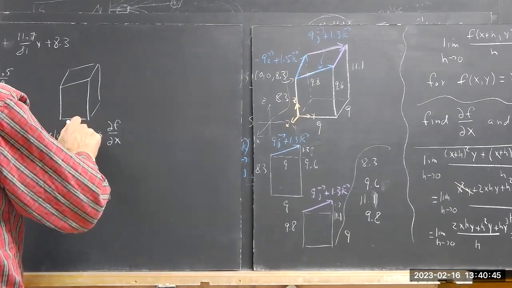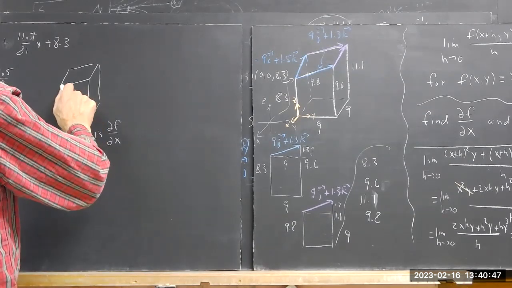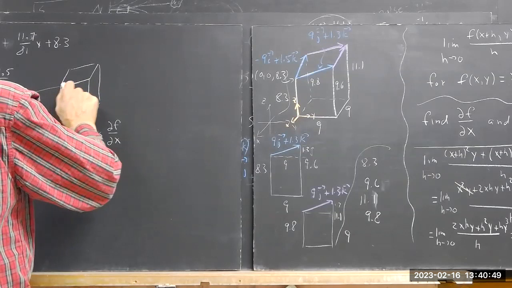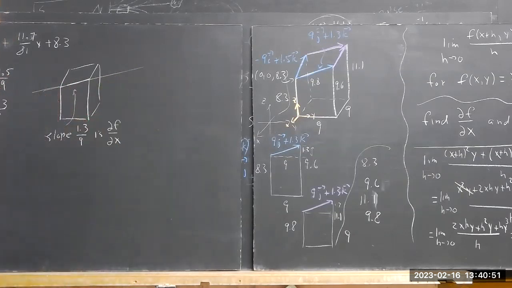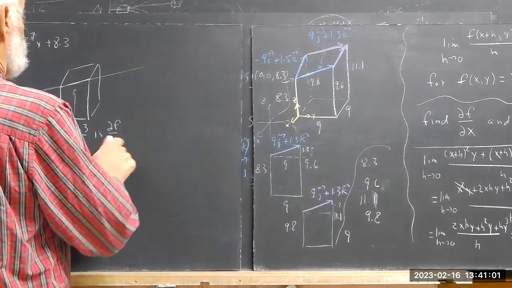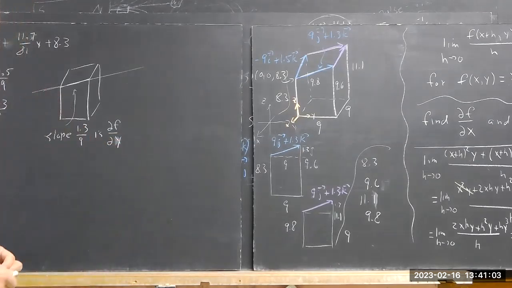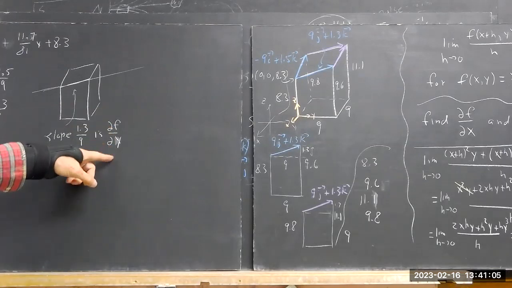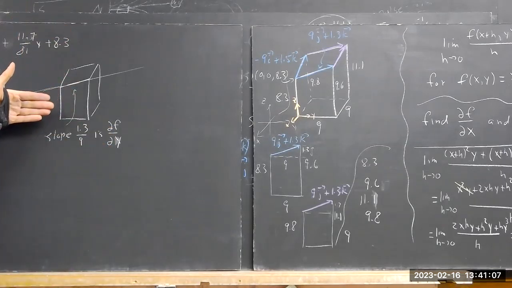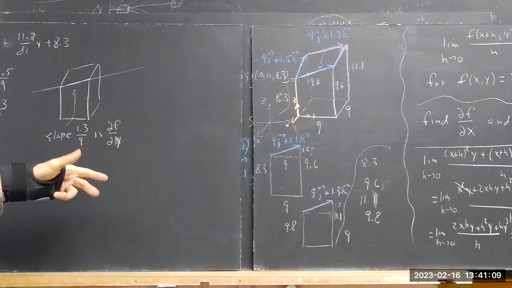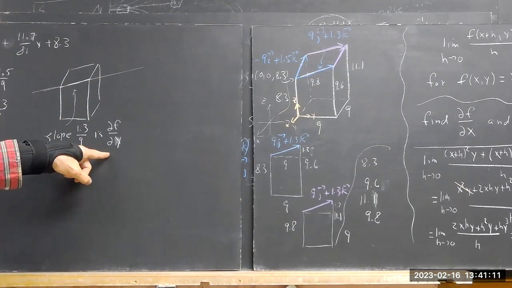Okay, so that's the slope here, this whole line. And what does partial derivative with respect to x mean? It means we hold x constant. Partial derivative with respect to y. So, okay, partial derivative with respect to y means we hold x constant, which it is along this line, and take the derivative with respect to y.